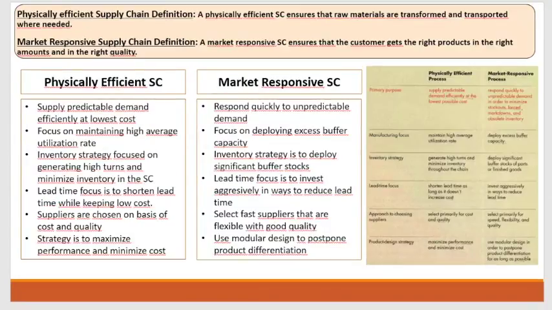So therefore the author comes up with two concepts of supply chain: a physically efficient supply chain and a market responsive supply chain. Now these two can be compared to lean and agile.